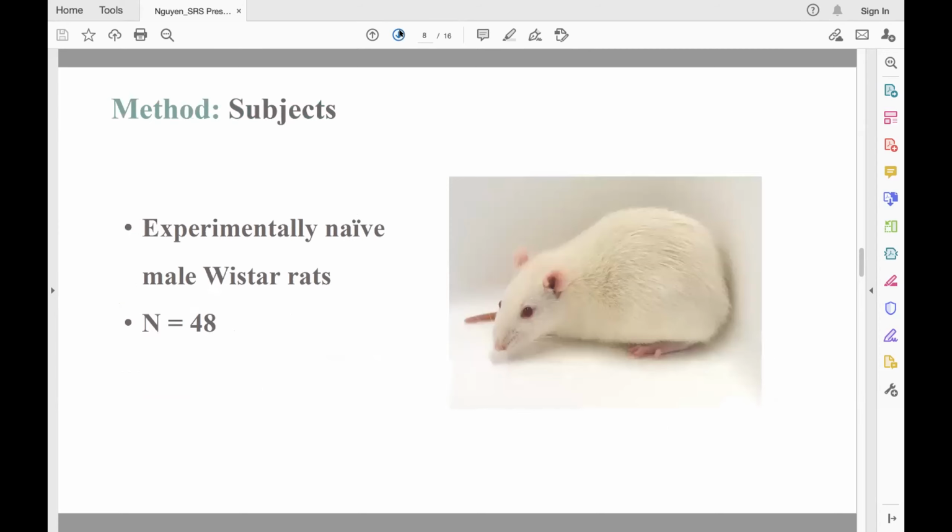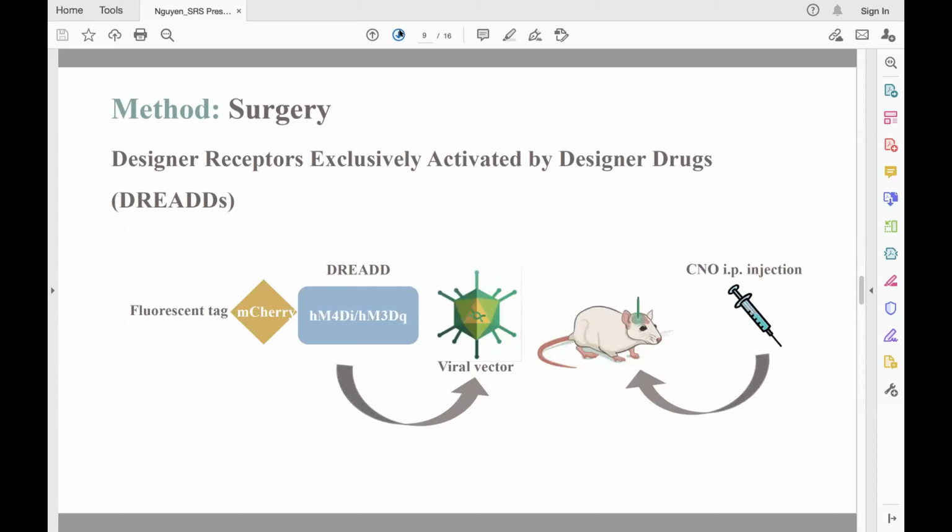We had 48 male Wistar rats in our study, and to manipulate the NAC, we used a chemogenetic technique known as designer receptors exclusively activated by designer drugs, or DREADDs for short. This involved the intracranial infusion of a viral vector construct that carries an engineered receptor.